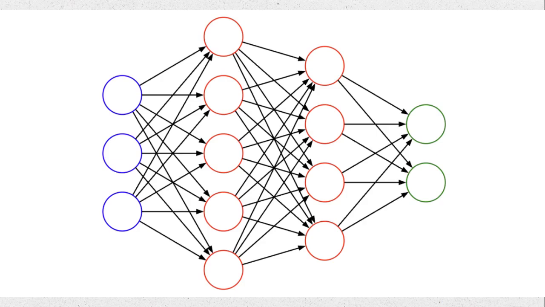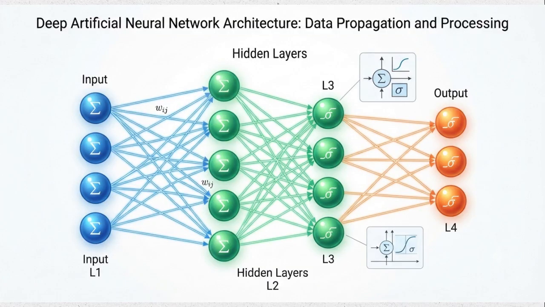So what happens when we connect hundreds, thousands, or even millions of these artificial neurons together? We get a neural network. And when we stack many layers of these neurons, we create what is known as a deep neural network. In the next video, we'll see how connecting many perceptrons together creates a deep neural network. Then, we'll begin exploring how these networks learn from data by adjusting their parameters during training.